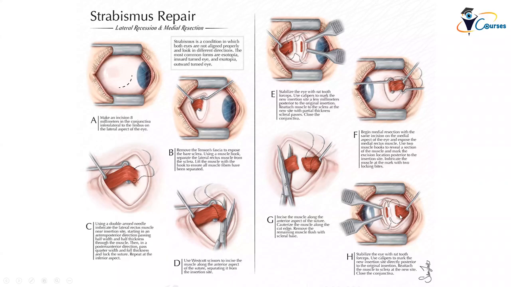Then we take these sutures and place them into the original insertion, suturing the muscle after cutting a part from it, so that we are now strengthening the medial rectus and correcting the intermittent exotropia. Okay, so this is how we do resection.